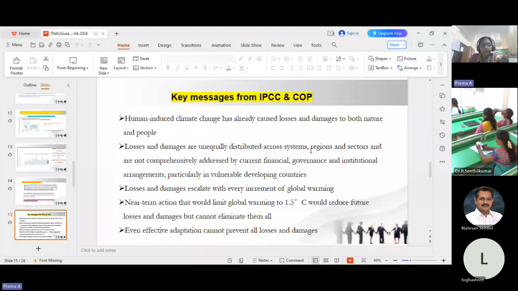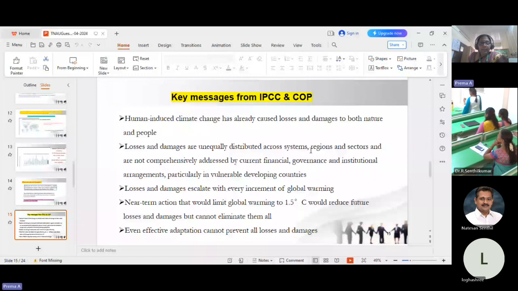In this background, the IPCC and COP have given some messages regarding the need for damage and loss assessment. The key message is that human-induced climate change has already caused losses to both nature and people, and the losses and damages are unequally distributed across systems, regions, and sectors.